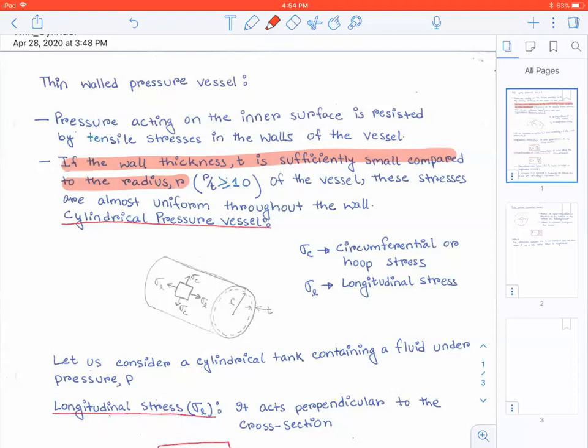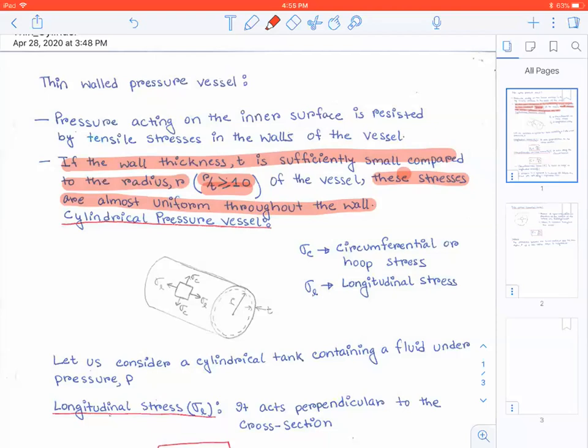If your thickness is very, very small, such that the ratio between the radius and the thickness is greater than or equal to 10, then we consider that vessel to be a thin-walled pressure vessel. And you can also consider that the stresses are almost uniform throughout the wall for those vessels.